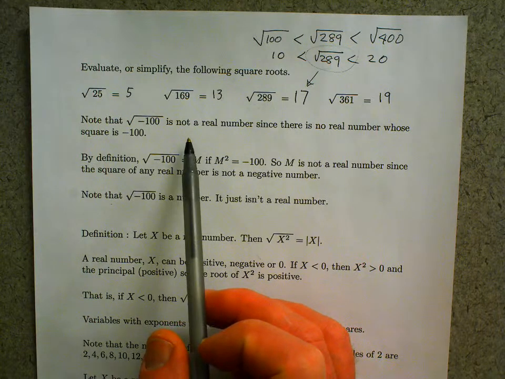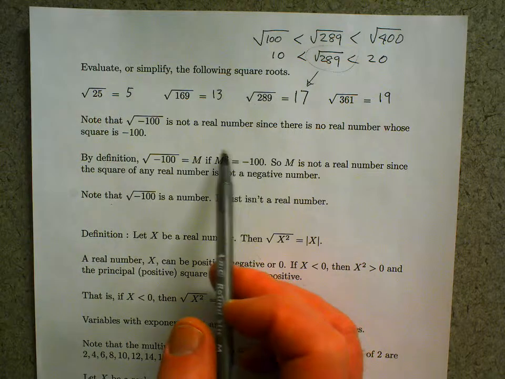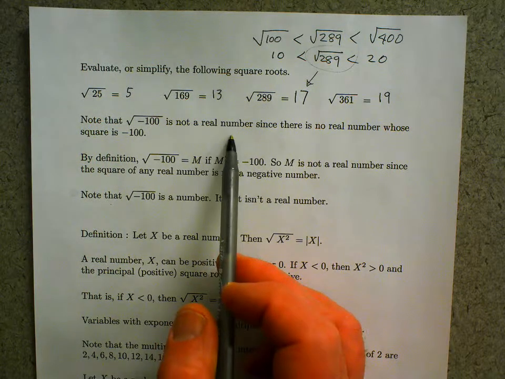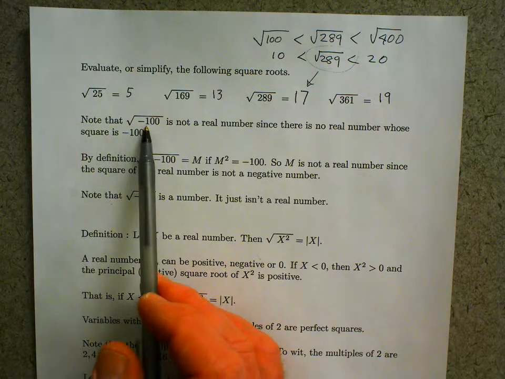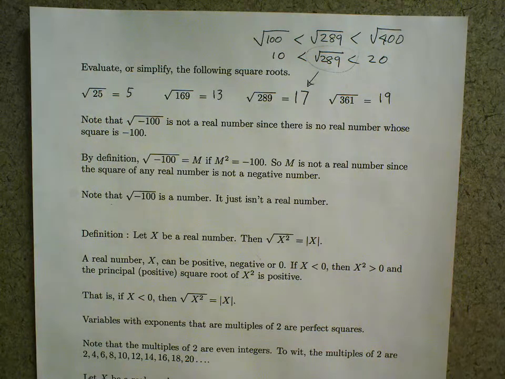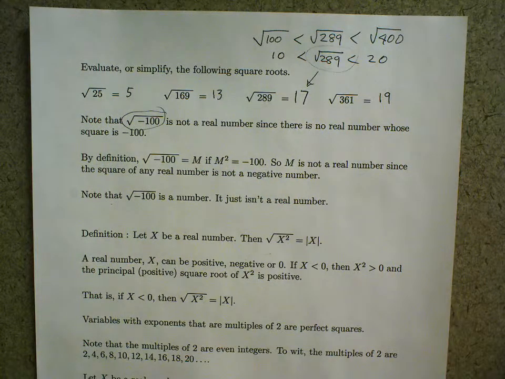If you square a negative number, you also get a positive number. If you square 0, you get 0. And so the square root of negative 100 is not a real number. It is a number, but it's not a real number. Later on this semester, we'll learn how to handle the square roots of negative numbers.